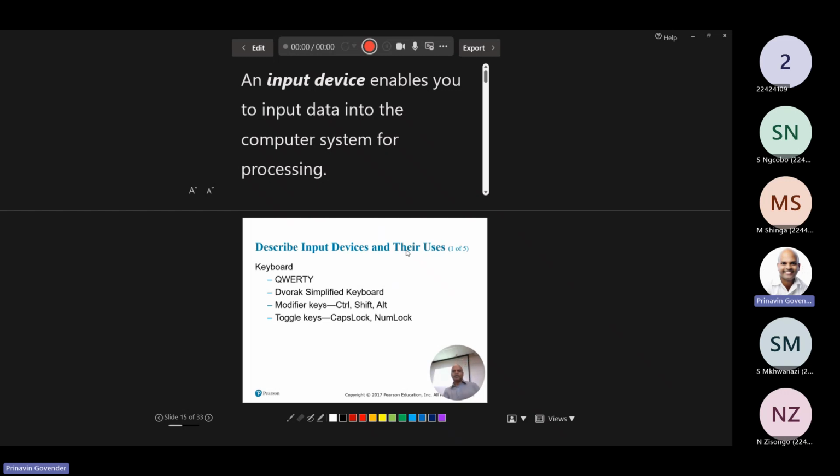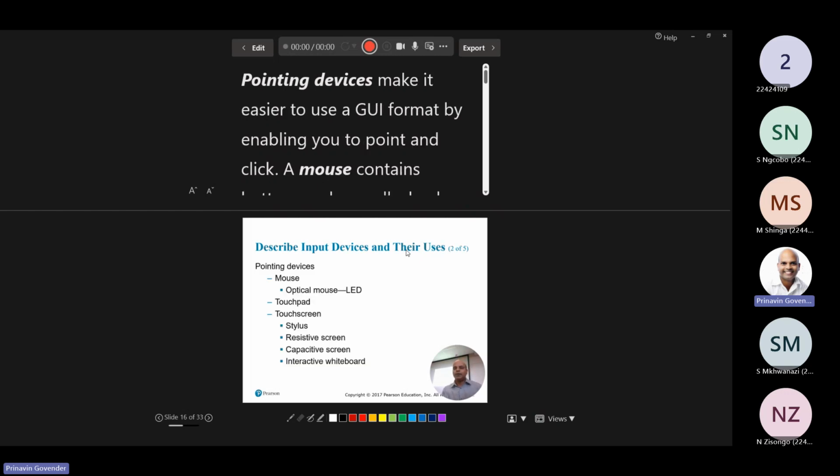How many more slides do I have? 15 of 33. I'm halfway through, so I'm going to stop at 16. We'll stop at input devices because it's almost 10, and my battery is running low. I told you about ESCOM. I don't know what's happening with that story. What I'm going to do is export this.